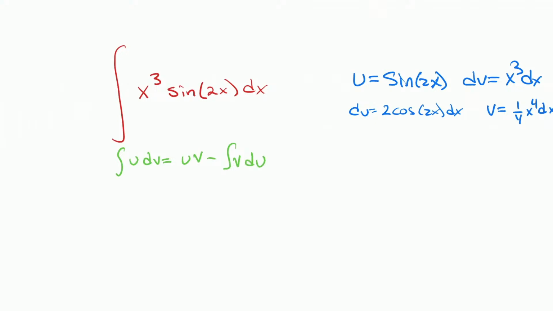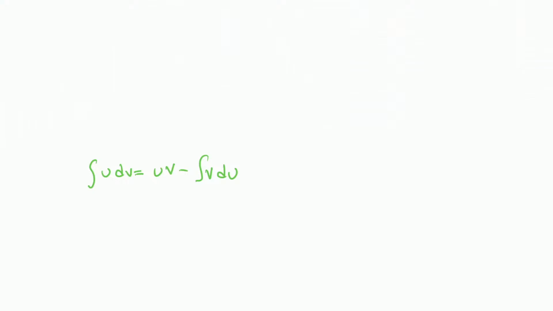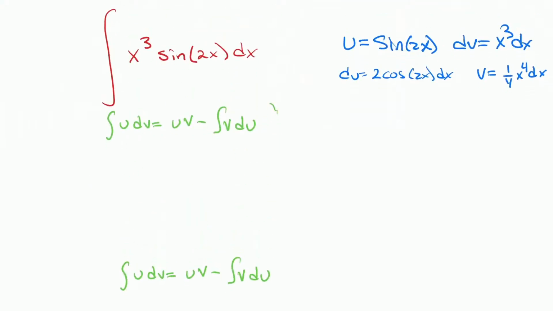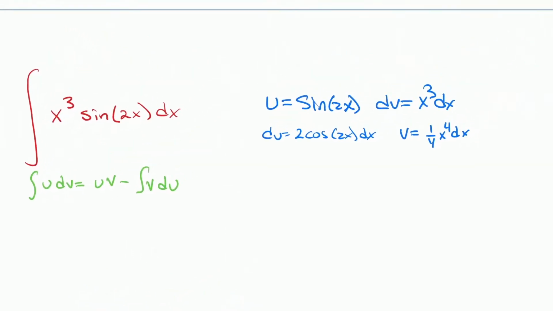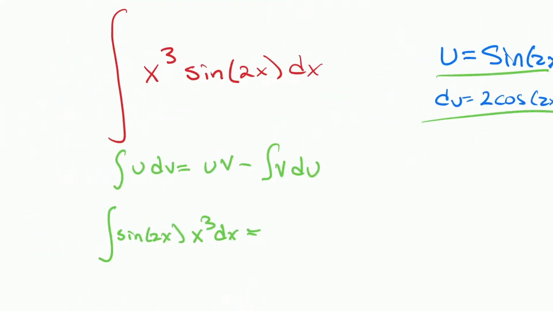Okay, just a sec. Let me just put this down here. We're going to use that one down there in a minute. I'll just get it out of the way though. So the integral of u dv, I'm pulling it directly from all of these over here. The u is sine of 2x, dv is x cubed dx. I always make this check: is that exactly what I was starting with? It is what I started with.